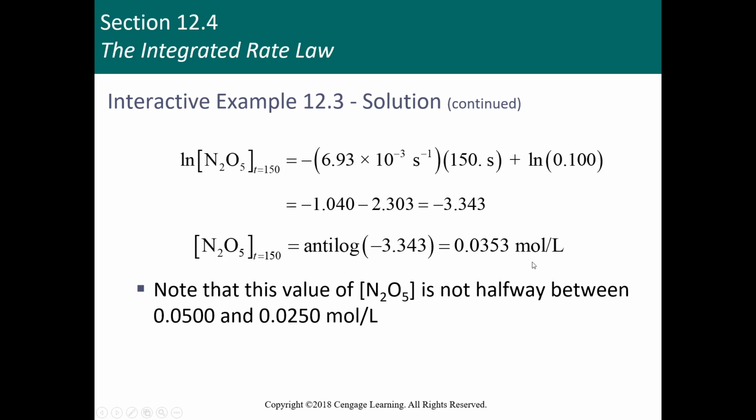That's because this is a logarithmic relationship. It's not linear, it's logarithmic. And so yes, this is not halfway in between. It's a bit closer here. So yeah, you don't really get halfway in between these things. That's something you need to understand and take note of.